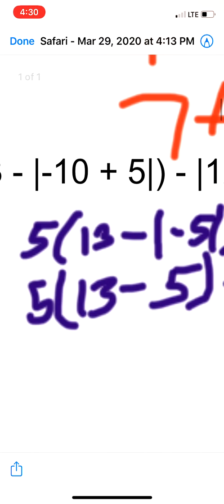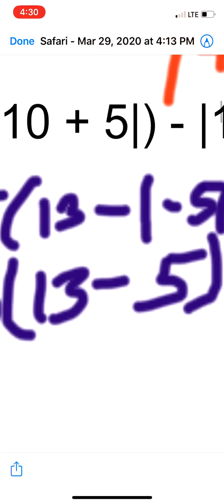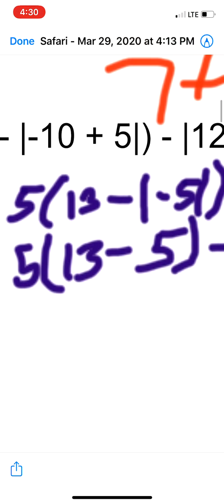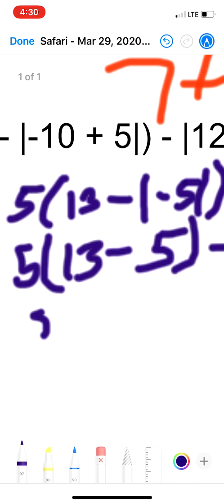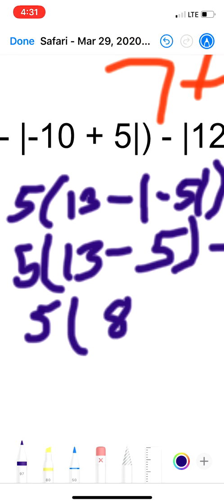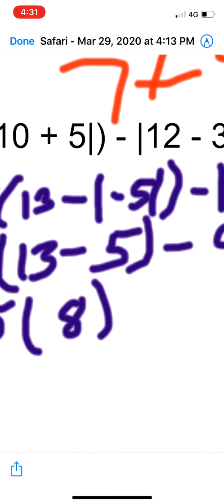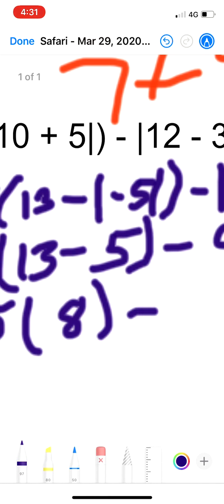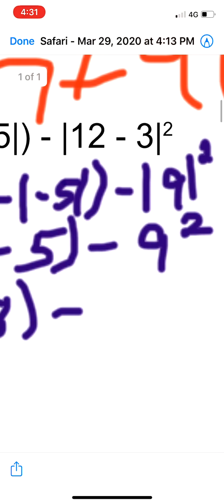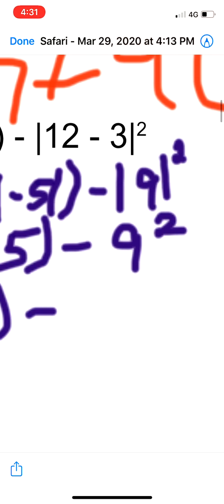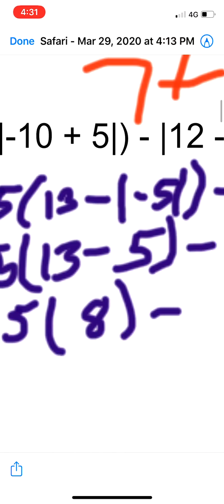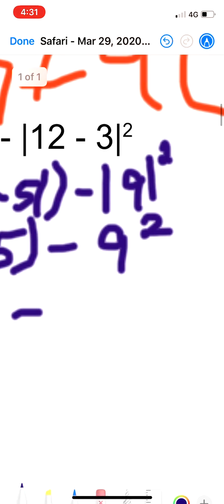Coming back over here. Again, this is what you're dealing with, the parentheses. So I have 5, parenthesis. 13 minus 5 is 8. Close it. Minus, bring it down. And then you have 9 to the second power. So you could deal with that right now because that has nothing to do with this parenthesis. So 9 to the second power is 81.